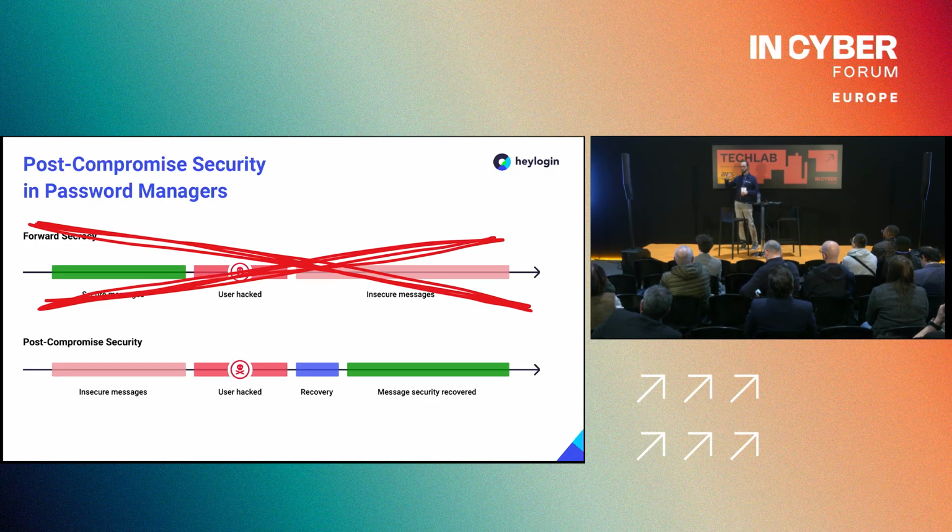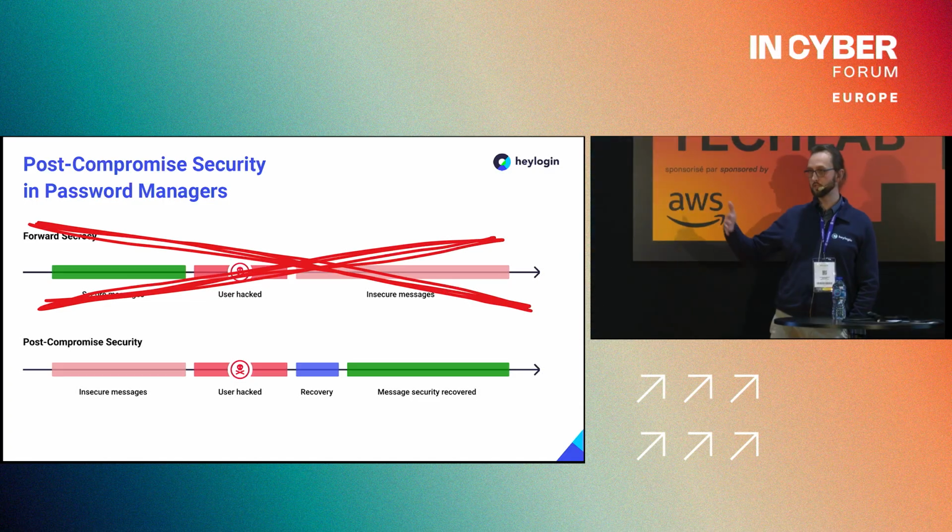Is the vault re-encrypted when the master password changes? So if you know your password manager has been compromised, so you got malware on your device, or someone knows your master password, the intuitive way to fix it is to change your master password, right?